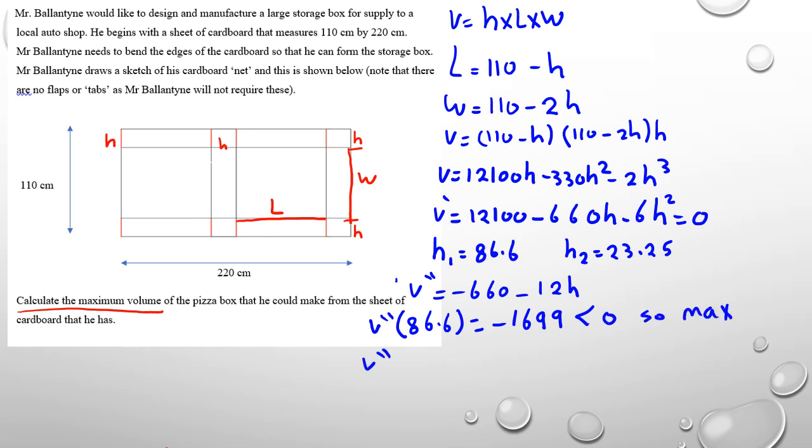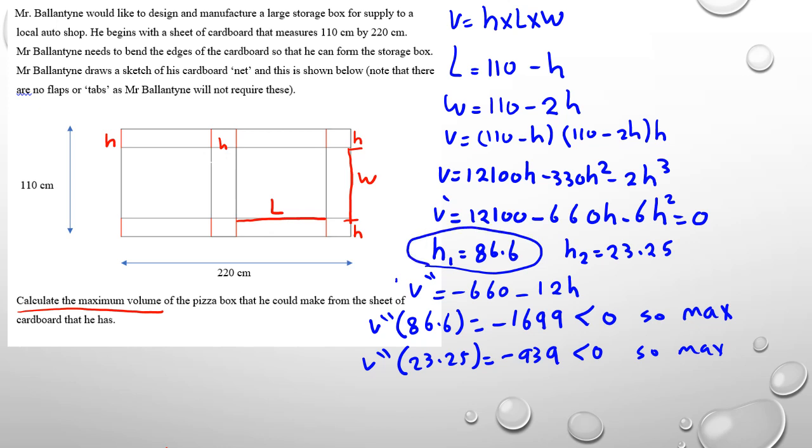The second one, 23.25, it's negative, also it's a maximum. Well, you could have known even without doing this, because the higher the h, then obviously this one becomes bigger L and bigger W. So I'll choose this one here as my maximum.